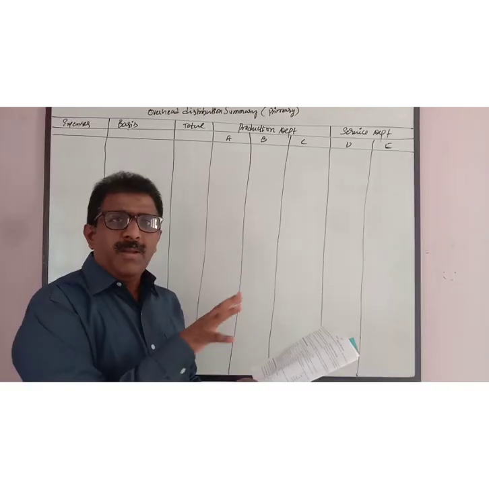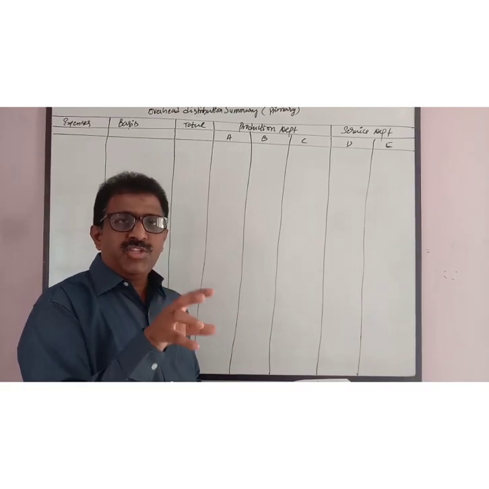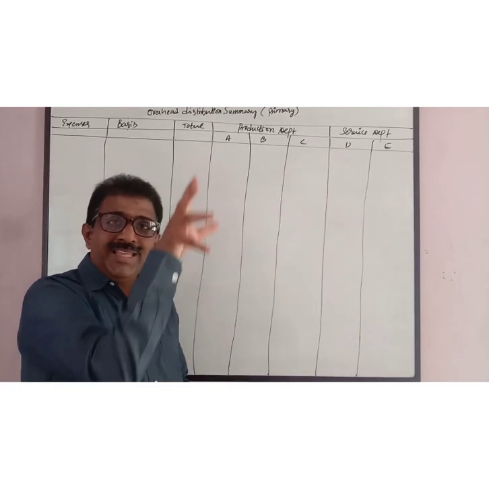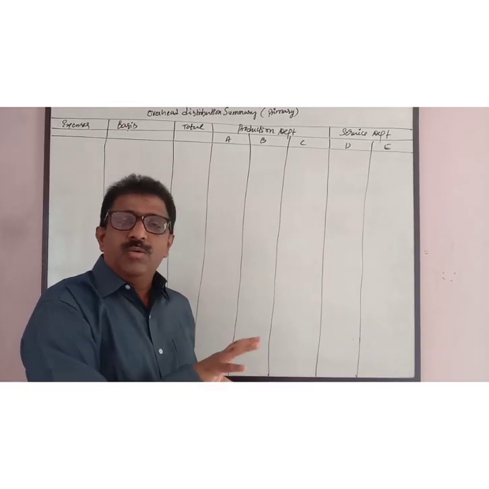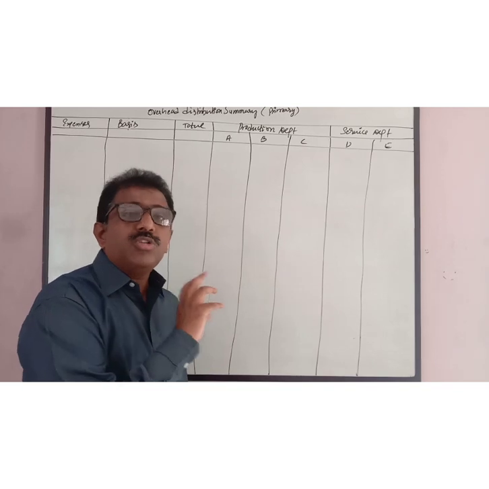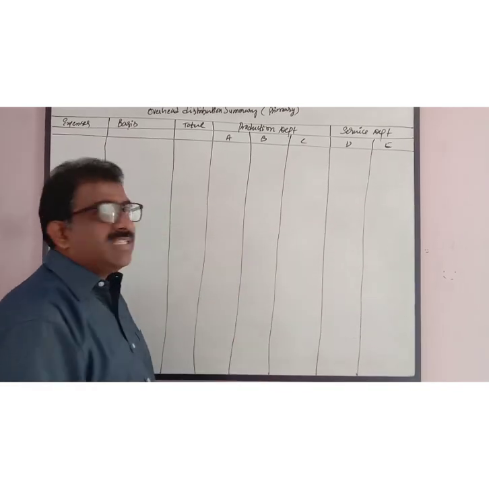These are some basis. So in the examination, in the problem, they give the basis as well as the overheads. So we have to apportion these overheads to various departments.